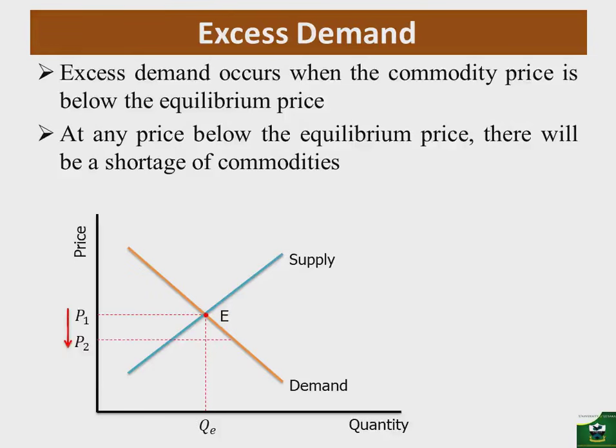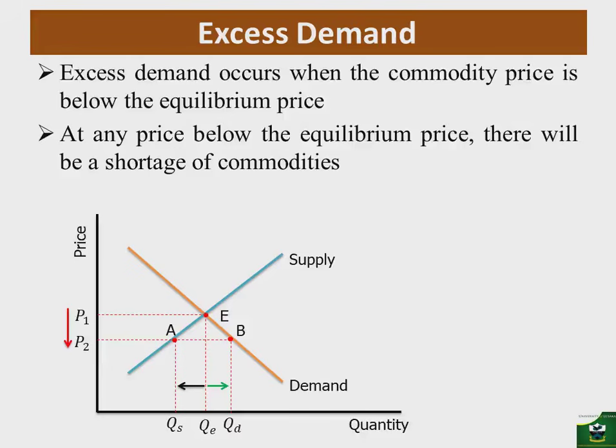You will notice from here that when price reduces from P1 to P2, the quantity supplied will reduce down to point A, and the quantity demanded will increase all the way to point B. And just denoting this with the quantities under there, our quantity supplied will reduce to QS, where our quantity demanded will go to QD. The distance between point A and point B is a shortage, or simply the excess demand.